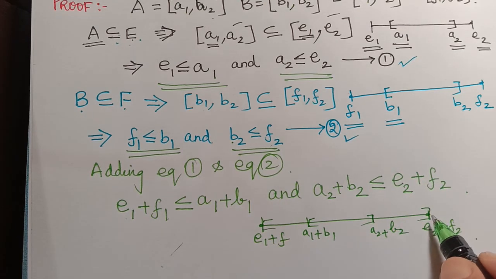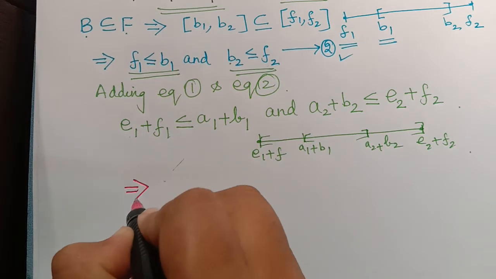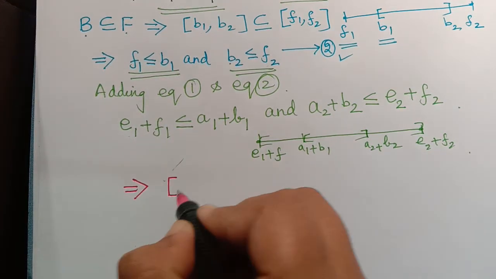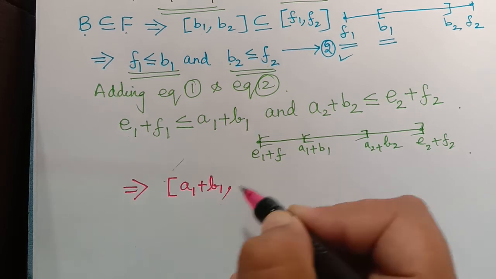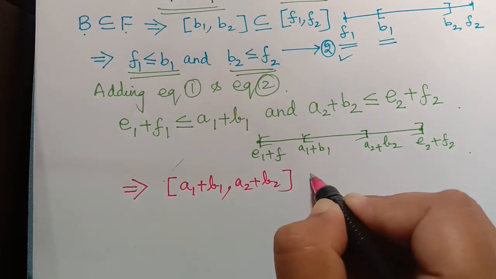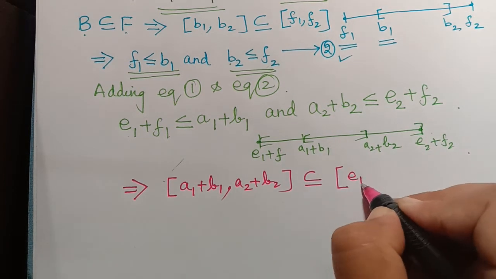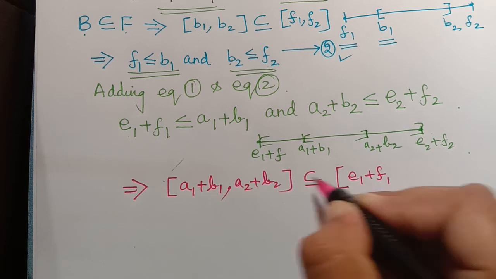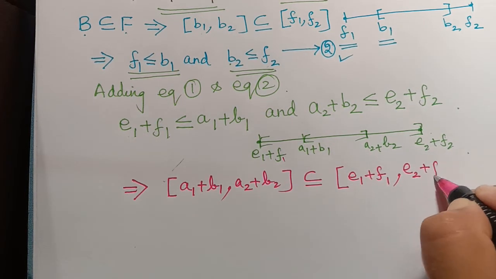This implies that the closed interval A1 plus B1 comma A2 plus B2 is a subset of the interval E1 plus F1 comma E2 plus F2.